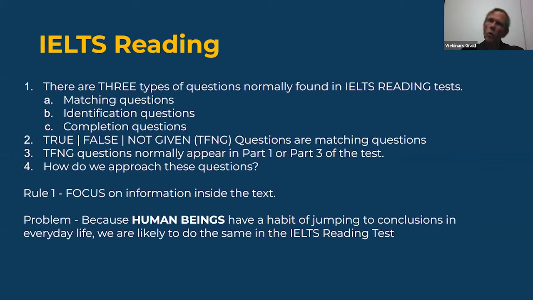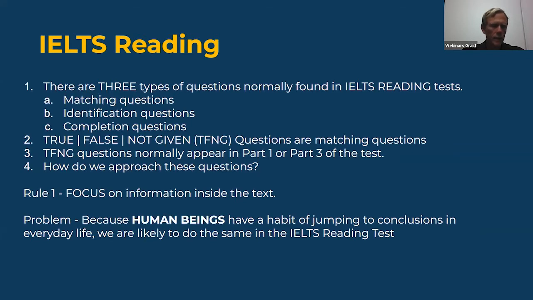What we call true, false, not given questions can prove a little tricky to answer because we have 3 options instead of simply true or false. And this extra option of not given requires us to look at the text more closely than we might otherwise have done.